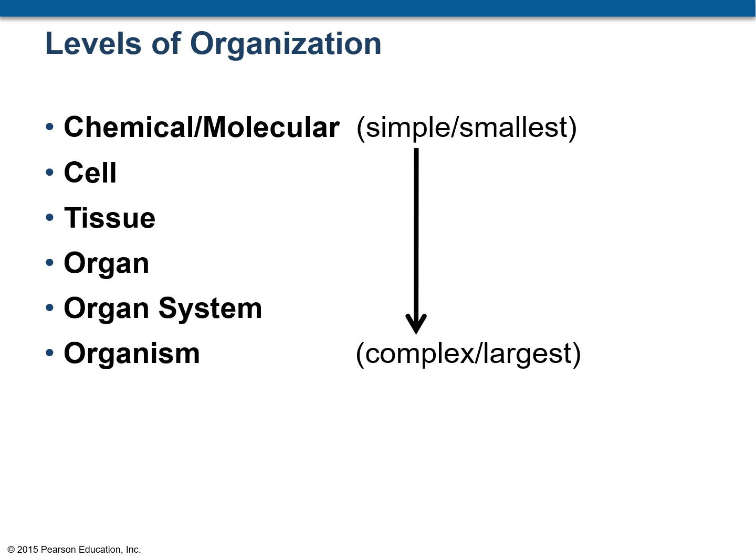Example, the circulatory system, the respiratory system, the nervous system, and all the organ systems together in the human body, they constitute the organism, the human being. So from the simplest to the most complex, the levels of organization are chemical, cell, tissue, organ, organ system, and then organism.